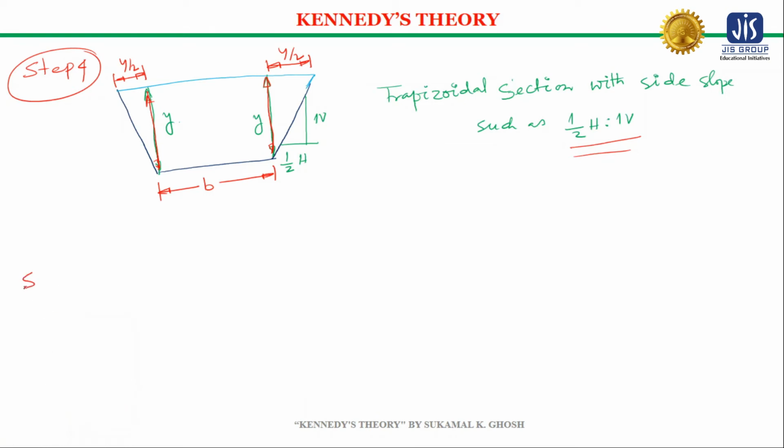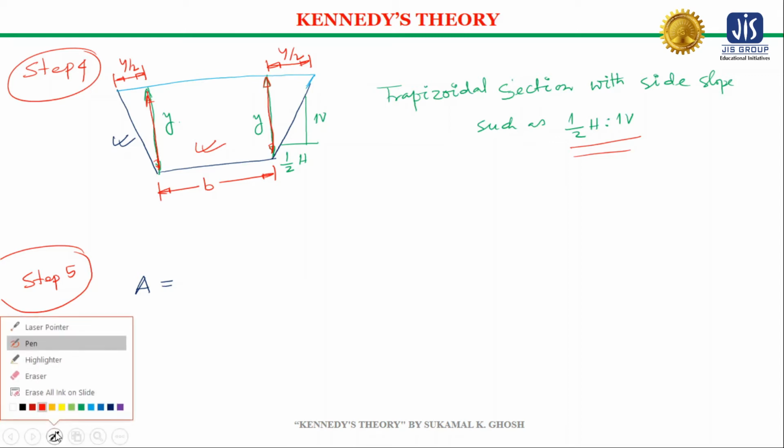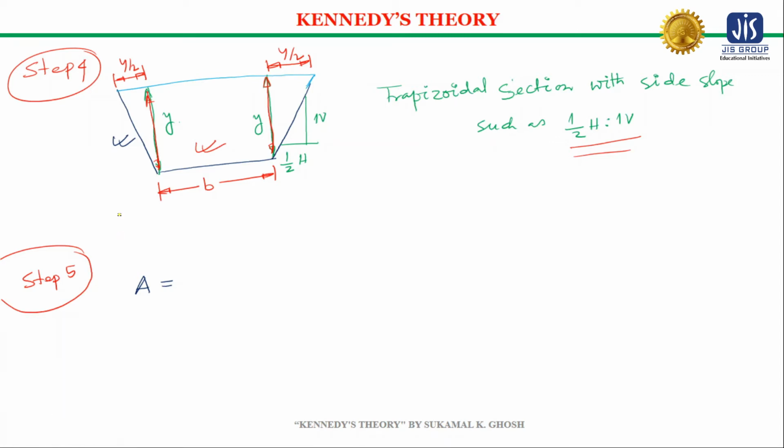So what was our step 5? If you recall, now we need to derive an expression of area for this particular cross section of the channel. So if you consider this cross section, you may observe that you can divide it into 3 parts.